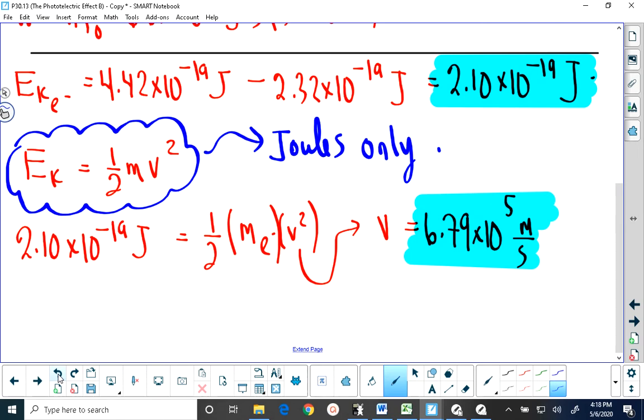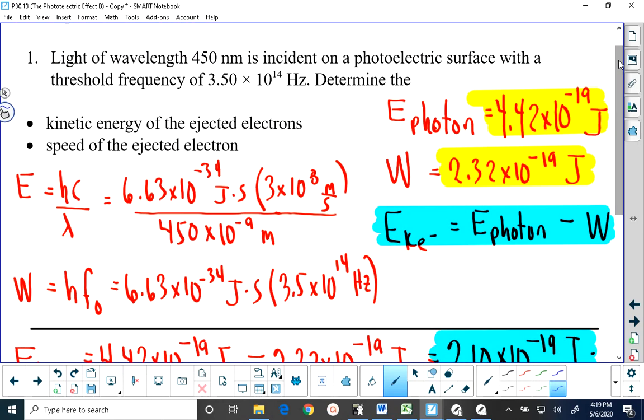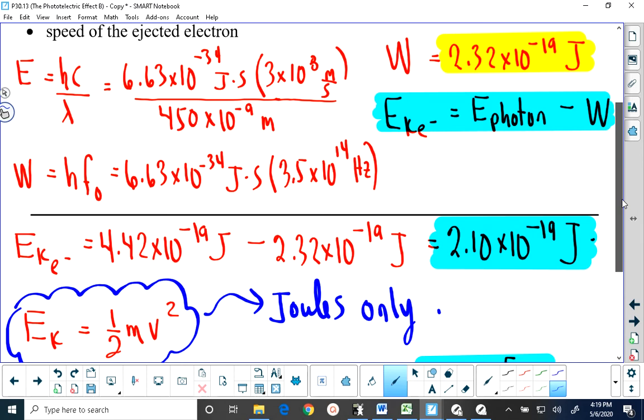Now, could you have done all of your work in electron volts? Absolutely. What would have happened is you would have gotten a number of electron volts for both of these energies that I have highlighted in yellow. When you subtracted those electron volt energies to get the energy I've highlighted in the bluish color, you would have got an energy in electron volts.